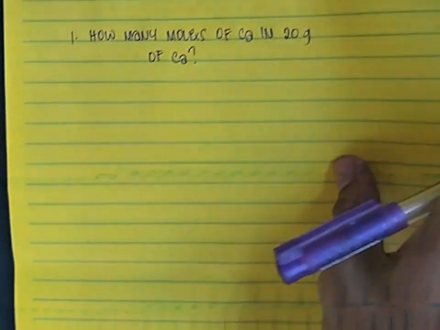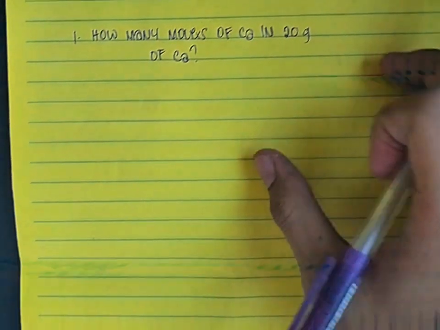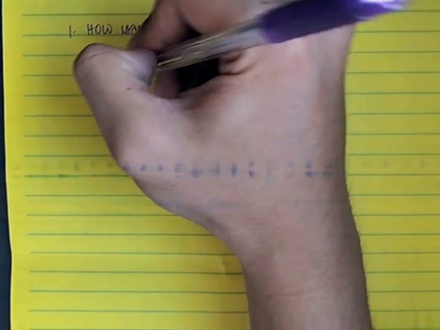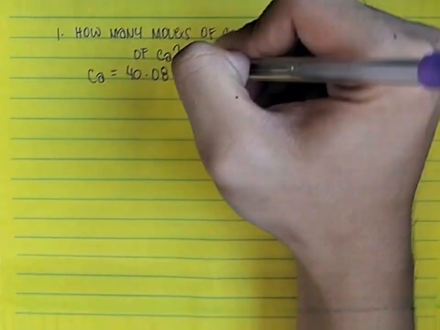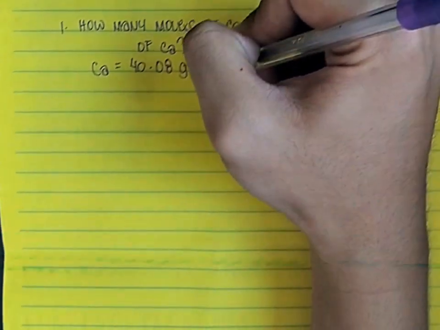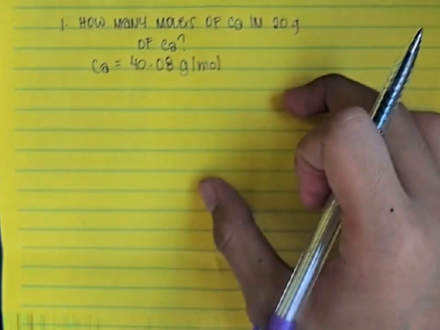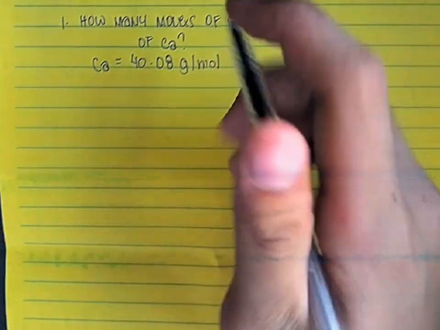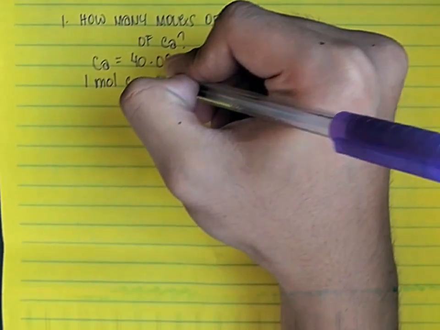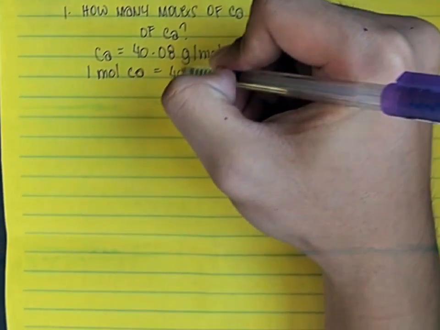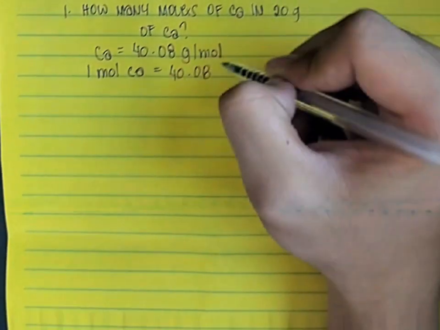So first, find the molar mass of calcium, which is 40.08 grams per mole. That means that in 1 mole of calcium, there's 40.08 grams.